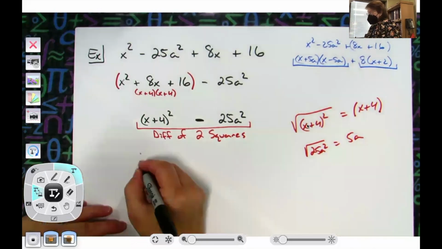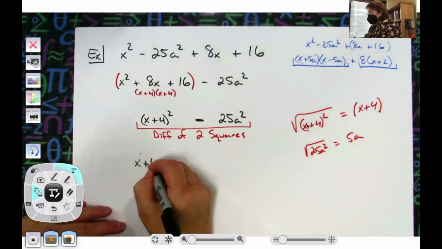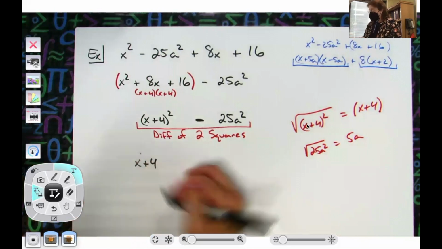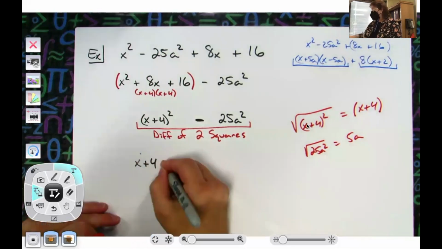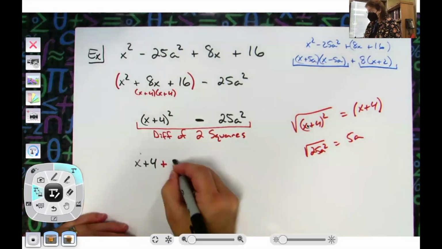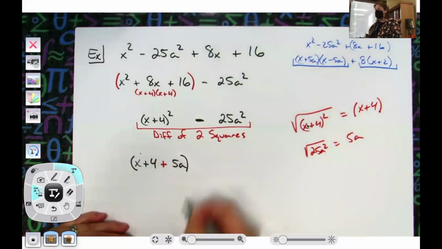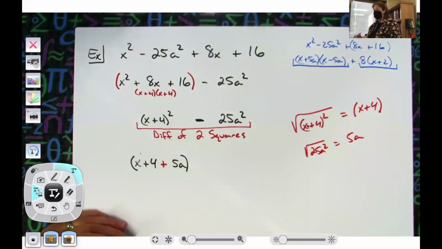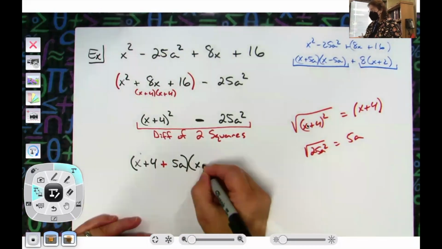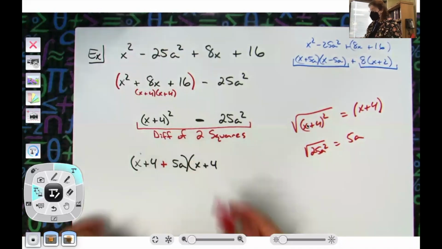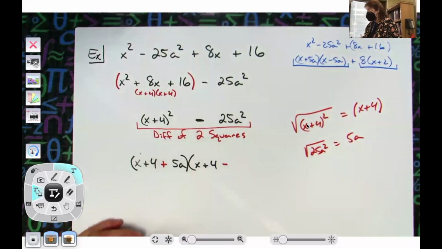So my x plus 4, and then I add it to the second term, and that's my first answer, right? And then I write it again with a minus sign. So I write the x plus 4 with a minus sign. That's what we do with the difference of 2 squares.